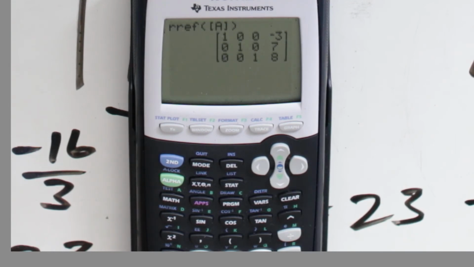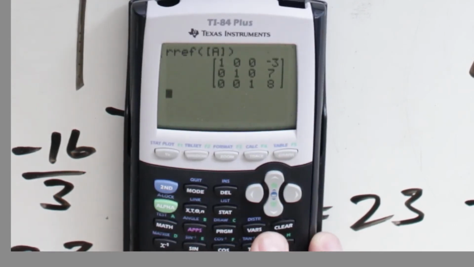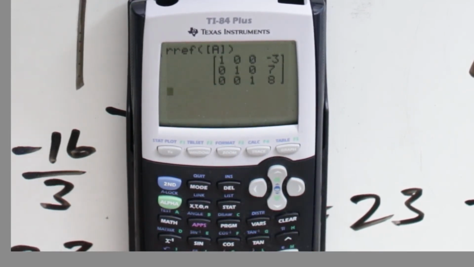So here is the thing, and again, I'm trying to make your lives as easy as possible. These diagonals, the 1, 0, 0, -3, the 0, 1, 0, 7, 0, 0, 1, 8, the diagonals right there that are represented by the 1s, those are the coefficients that are connected to the variables x, y, and z respectively in each of those rows.